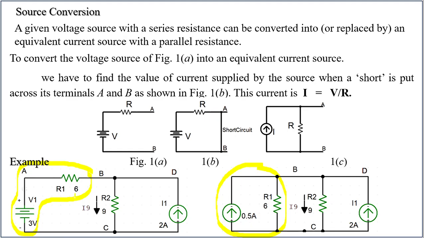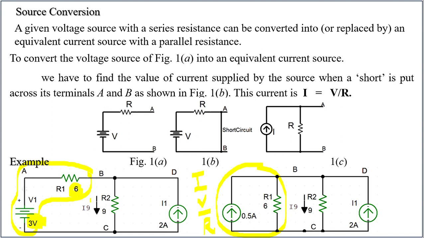The value of this current source is I equals V by R. How much is that V? V is 3 volts and R is 6 ohms.